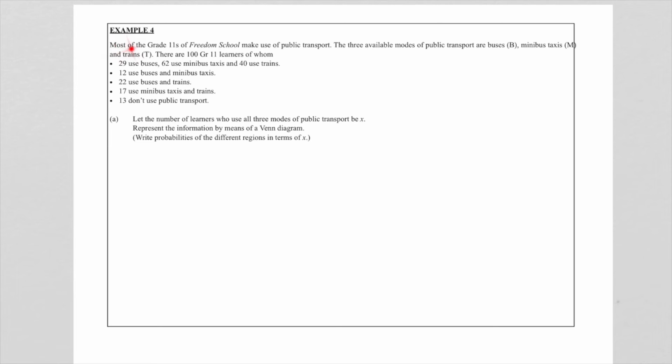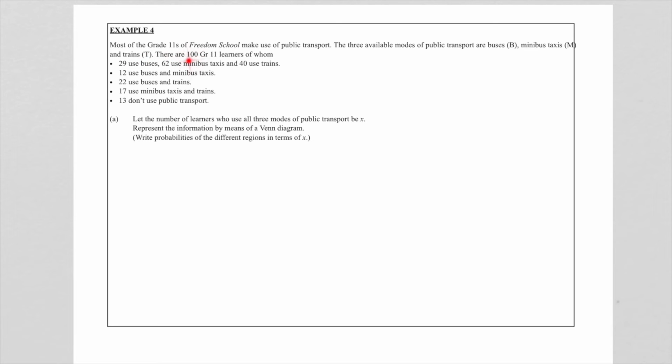This problem says that most of the grade 11 learners from Freedom School make use of public transport. There are three available modes of public transport, and they are buses, minibus taxis, or trains.